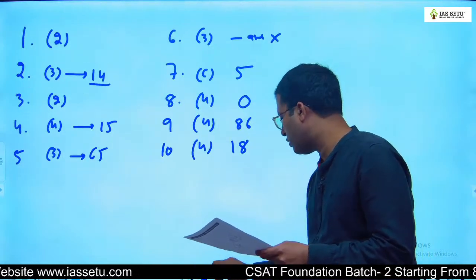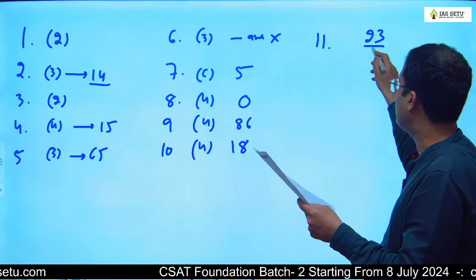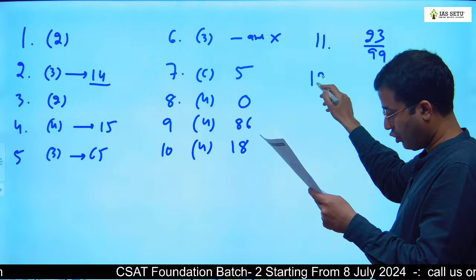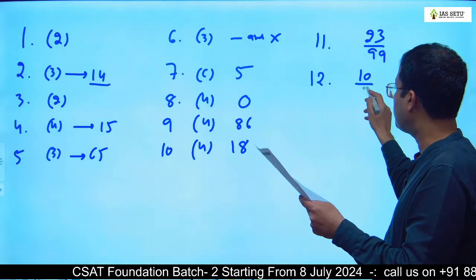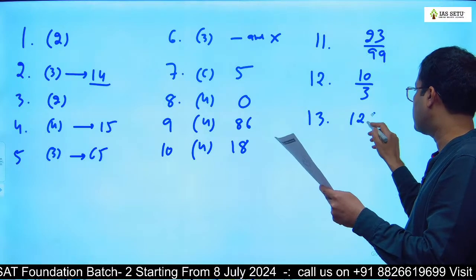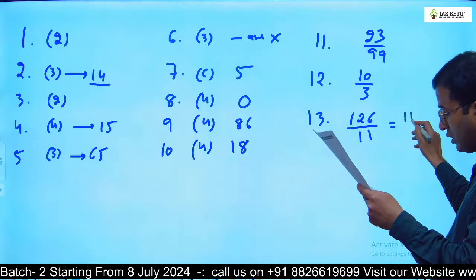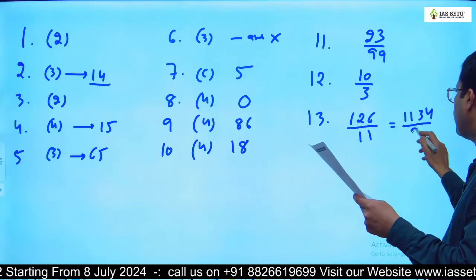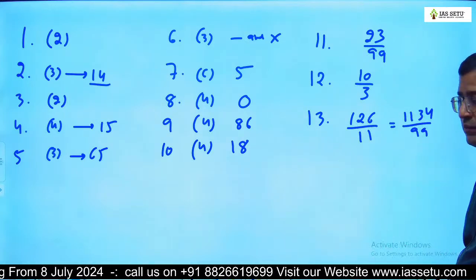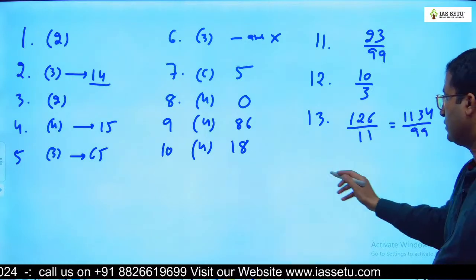Eleven to 15 are on recurring decimal. Question number 11, 20 upon 19. Question number 12, 10 upon 3. Question number 13, 126 upon 11. If you are getting 1130 upon 9, please simplify. You simplify, you get 126, only divide by 9.